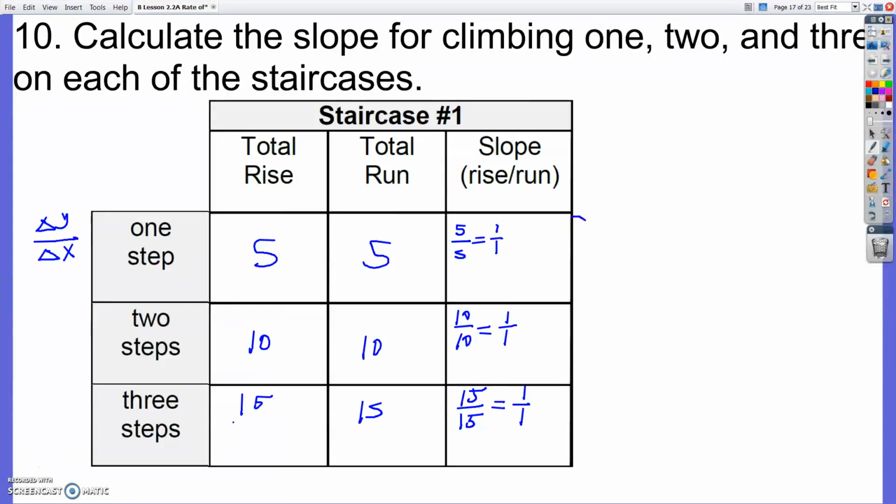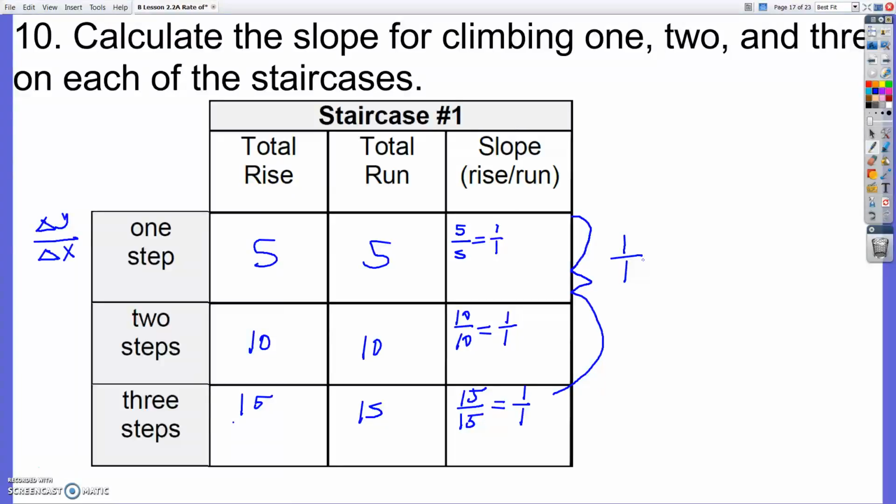Now I want you to notice that my rate of change, how much I go up and over, has a consistent ratio, a constant ratio of 1 over 1. That is how you know this is a linear equation, because the constant rate continues for each one.